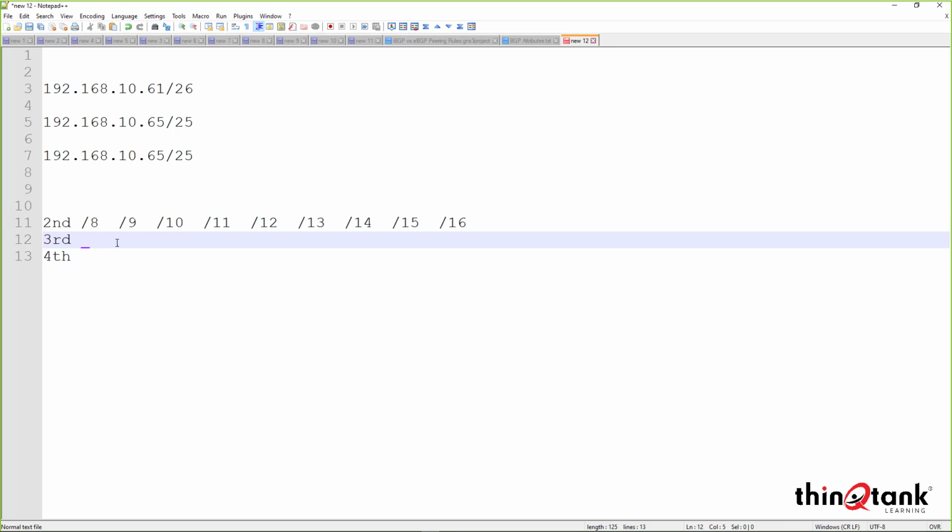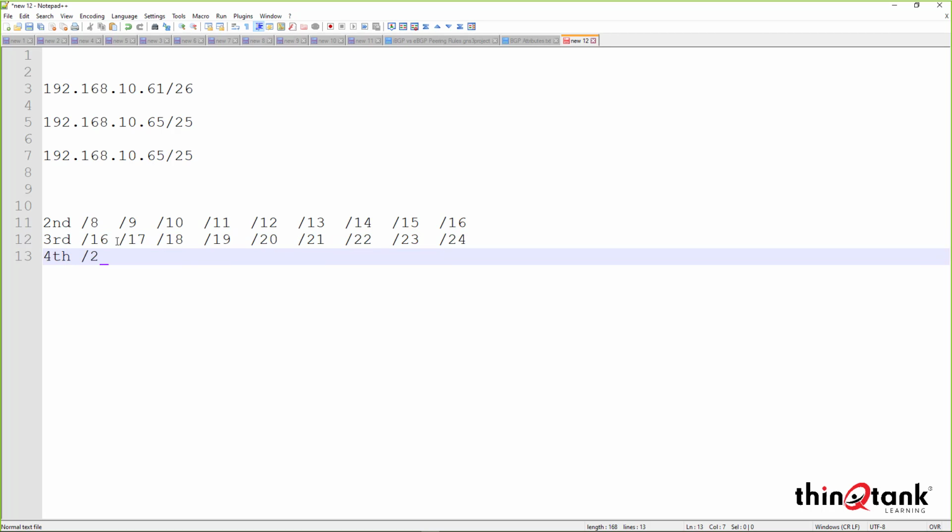And in the 3rd octet, /16, /17, /18, /19, /20, /21, /22, /23, /24, and then in the 4th octet, /24, /25, /26, /27, /28, /29, /30, /31, and finally /32.